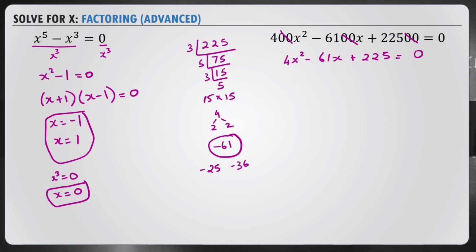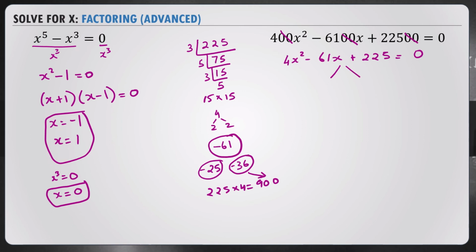Negative 25 and negative 36 add up to negative 61. And the product here we're looking at is 225 times 4, which is 900. When you multiply these two, we do get 900. So these are your two numbers you can work with and split 61 here.